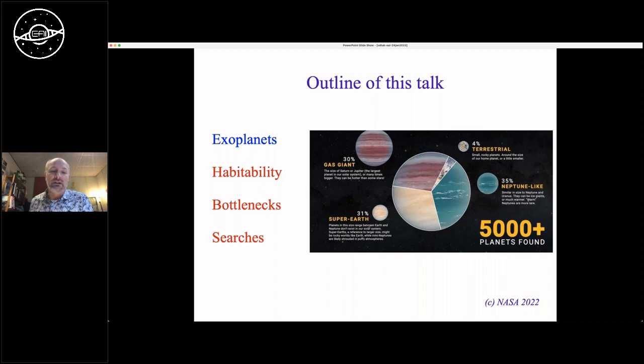And then there is a category, again about 1/3 known, of the so-called super-Earth planets, and these have intermediate masses. This is very interesting because this is a type of planet that doesn't exist in our solar system. So there's a size between Earth and Neptune. And then a relatively small fraction of planets is about the size of the Earth, but this is only as we see it. This is not necessarily the true distribution.